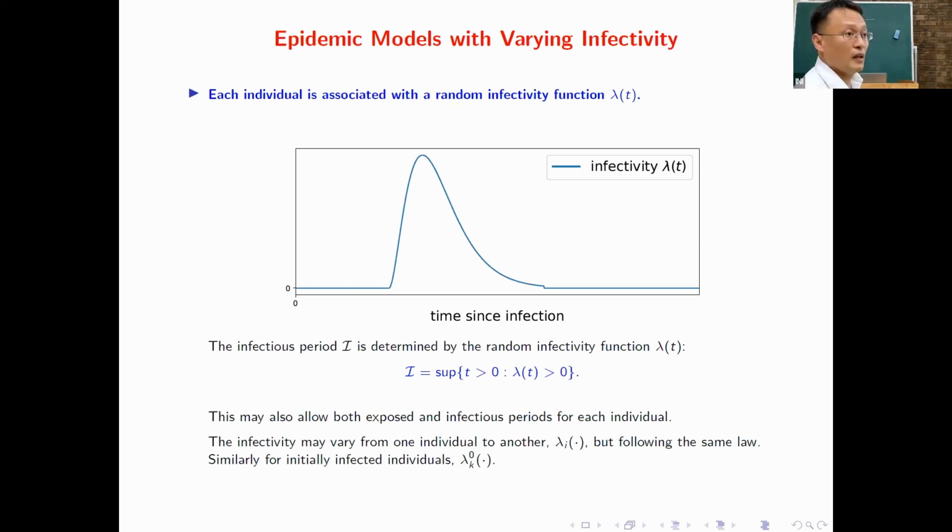Basically, it can have a zero period for exposed, then increase, and then decrease back to zero. This random function can also induce the infection duration. Okay, and it actually can include both the exposed and infectious periods.